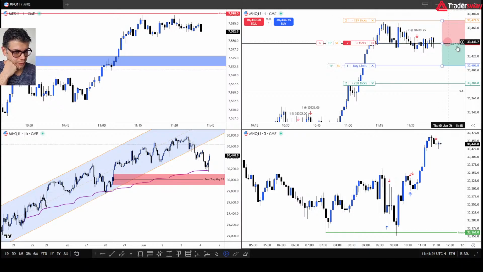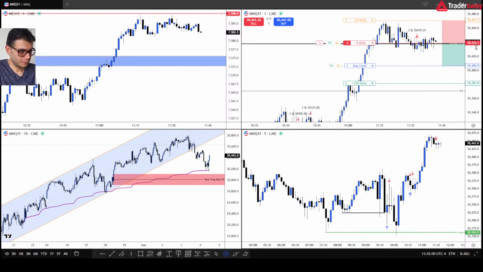A new high is on the horizon. I won't be surprised to see a new high. But my bearish bias here, this much in the premium, is still remaining intact. So I will still be looking for shorting Nasdaq in this premium area.